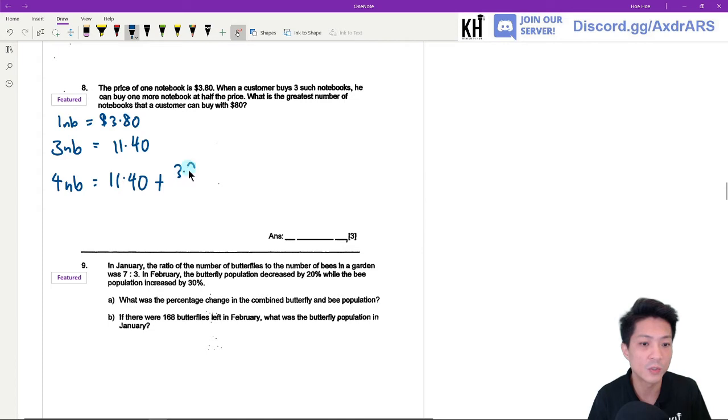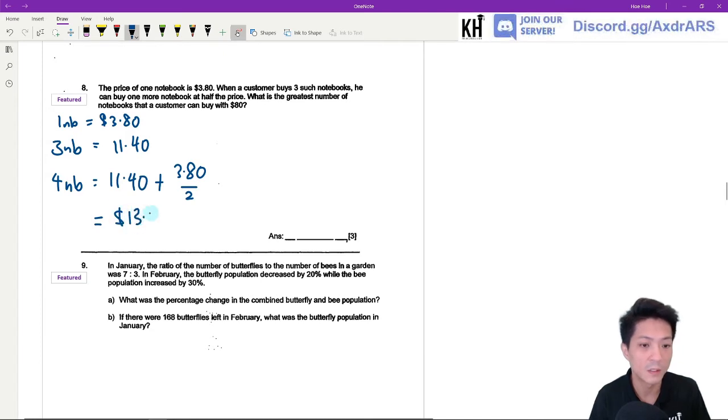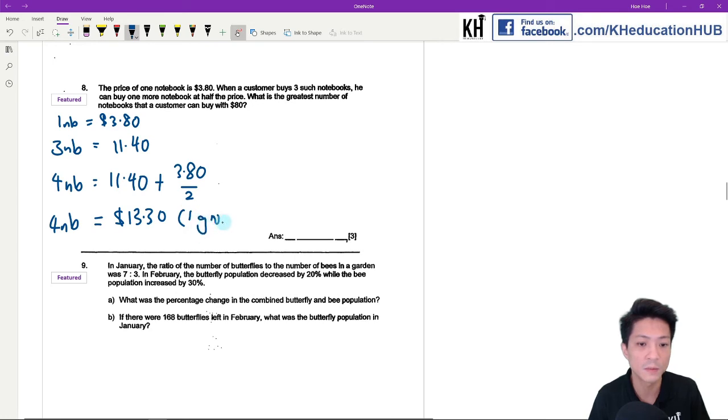Half the price will be 380 divided by 2, which will give me $13.30. This is how much you need to pay for 4 notebooks, and this is known as one group.